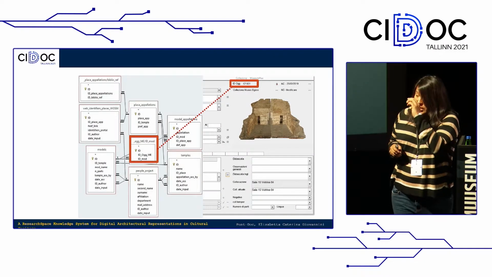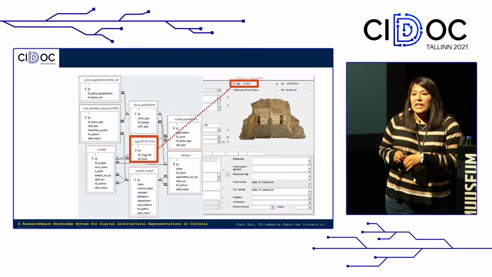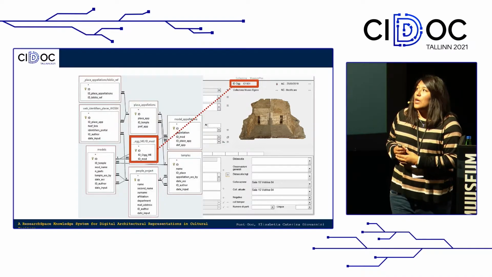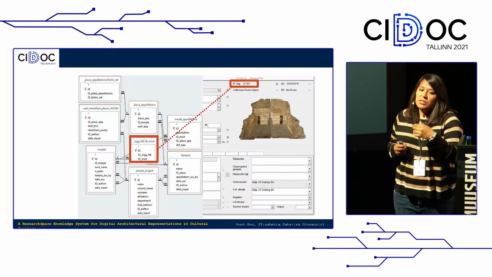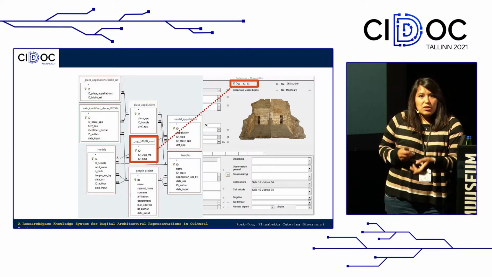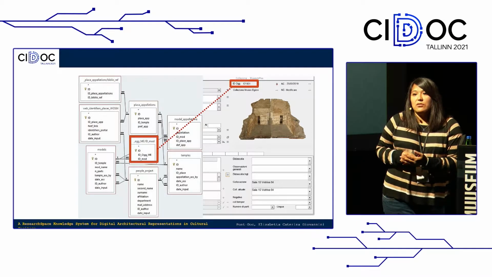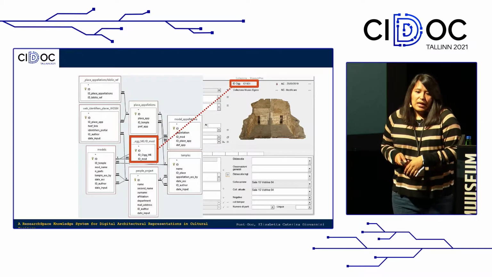So the project involved the construction of a relational database. We chose to use a relational database because Museo Egizio already has a relational database, and so we wanted to build something that could be interoperable with their systems.